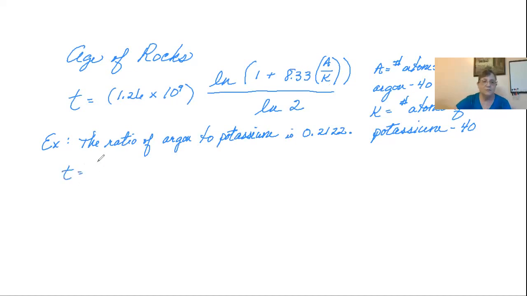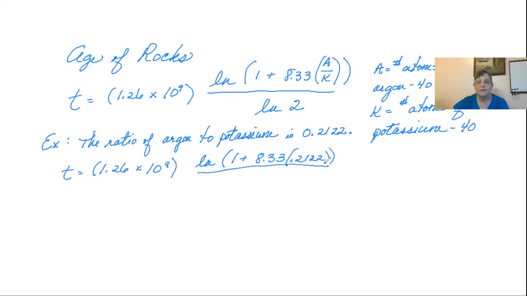We've got T equals, we'll use this last, 1.26 times 10 to the 9th. We can actually enter that in the calculator just like this, times the natural log of 1 plus 8.33 times 0.2122, divided by the natural log of 2.